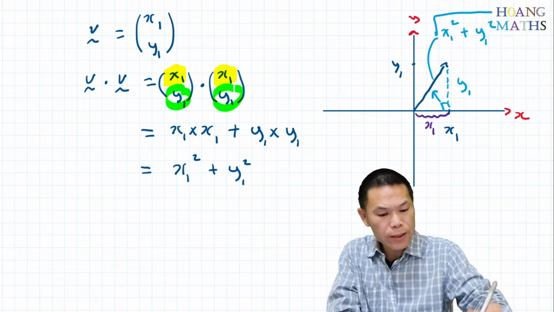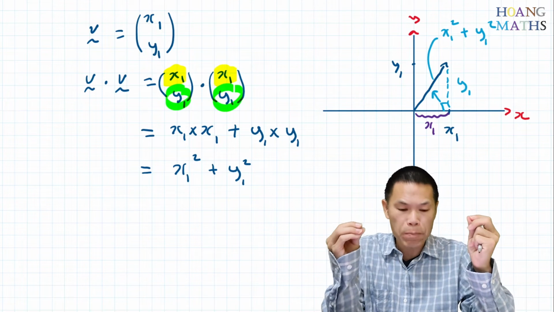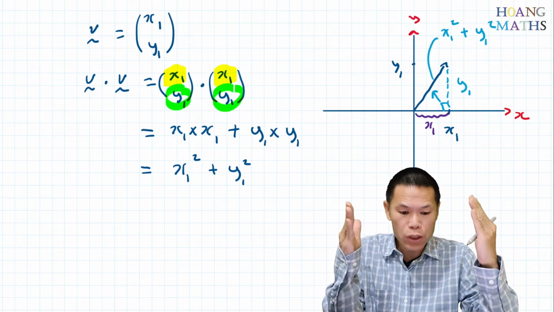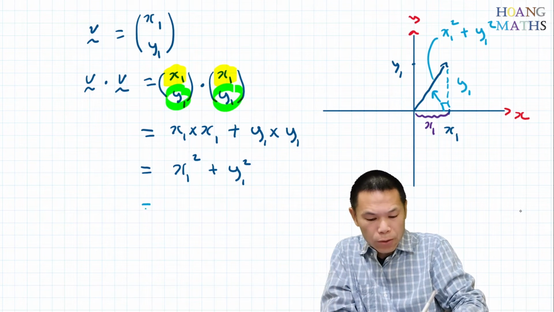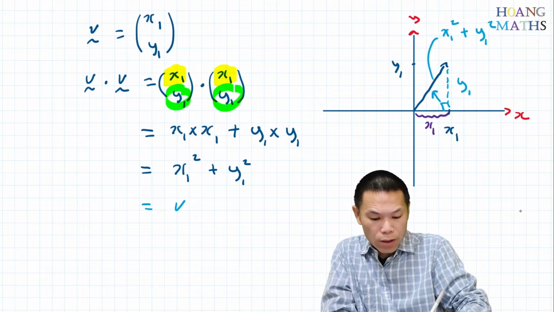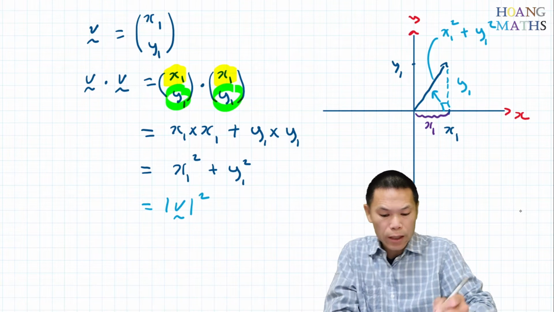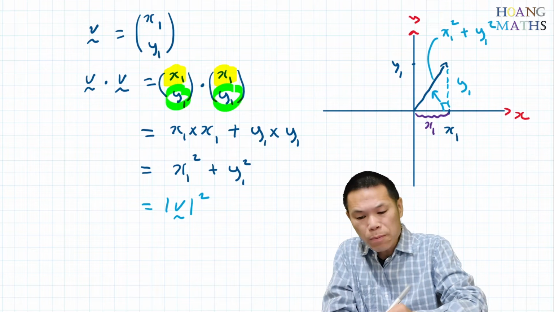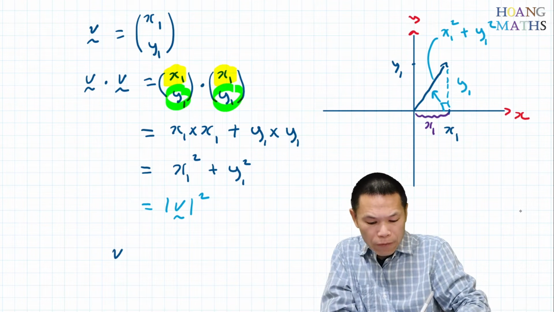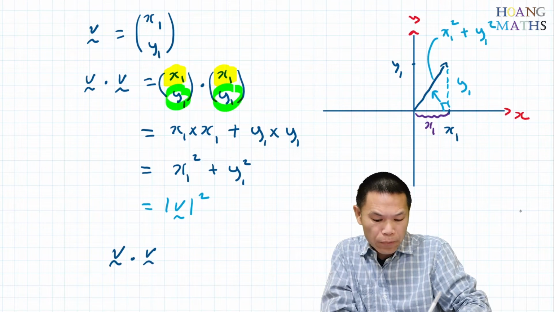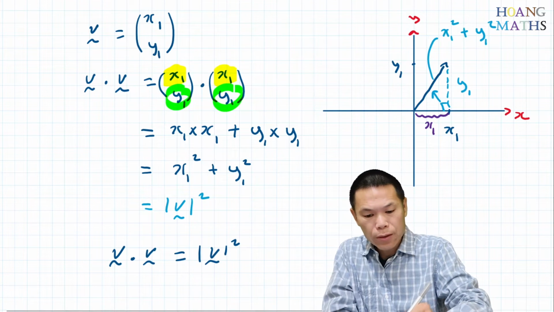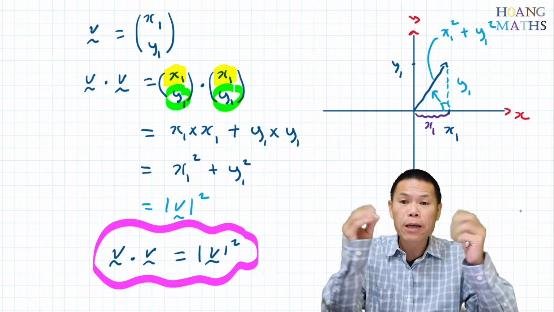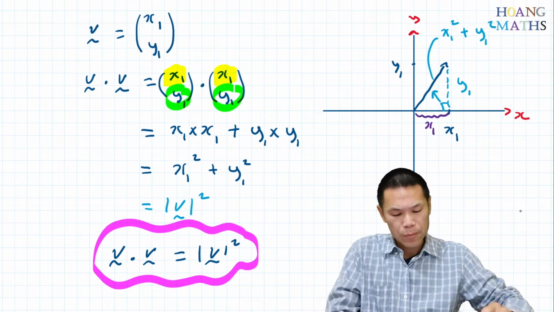Therefore, x1 squared plus y1 squared is the magnitude of v squared. So there you go. This means v dot v is equal to the magnitude of v squared. Please keep that in mind for me, okay?